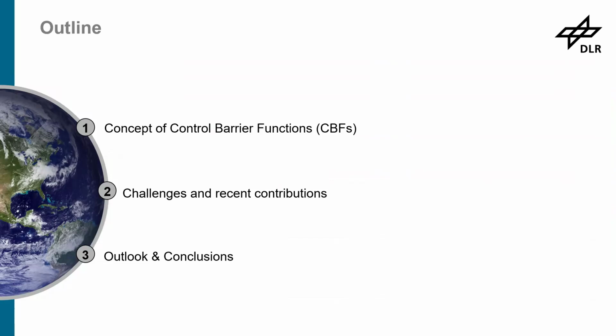From there on, I will show that the vanilla version, the basic version, is not as easy to use in reality as we think it is, and there are certain challenges which need to be addressed. I try to highlight some of the challenges and also show some of the results we obtained in the last years. And from there on, I'll make an outlook and conclusion.